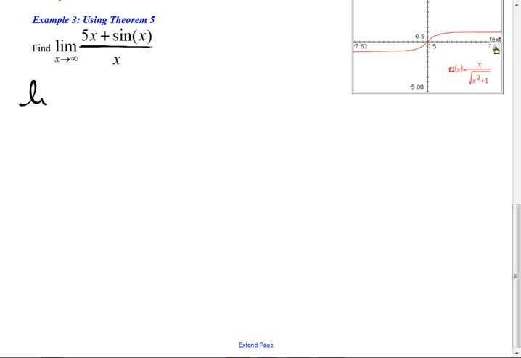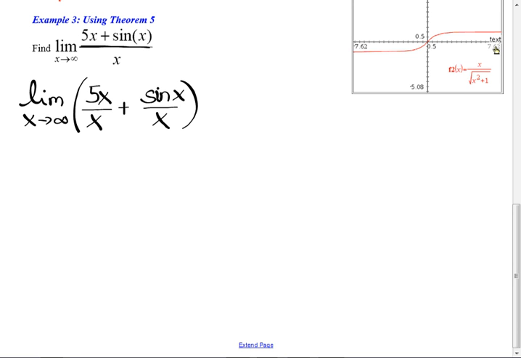So this is the limit as x goes to infinity of 5x over x plus I must divide sine of x over x again. If you do that, you must divide the x into both of them. You can think of it as 1 over x times 5x plus the sine of x, and then you distribute. If you prefer to think of it that way.